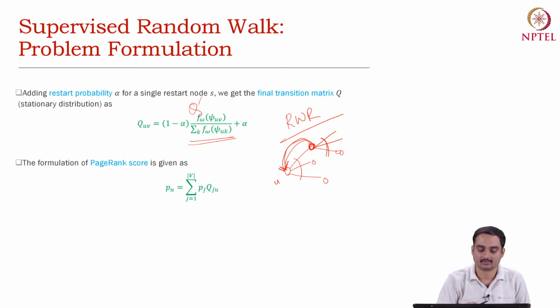But here the random walk process is happening on this Q dash, whatever transition matrix. So you basically have all pairs of nodes virtually connected with some edge strengths, and you decide based on the edge strength value.